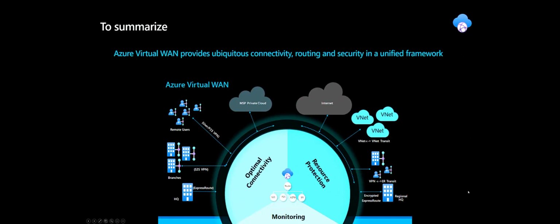I'd like to thank everyone for tuning in to see the Azure Virtual WAN Zero to Hero demonstration. Just as a reminder, Azure Virtual WAN provides ubiquitous connectivity, routing, and security in a unified framework, and centralizes a hub and spoke topology out of the gate from an architecture perspective.